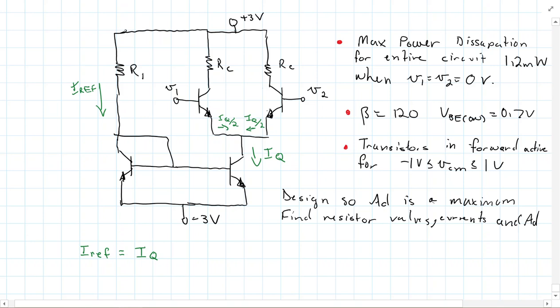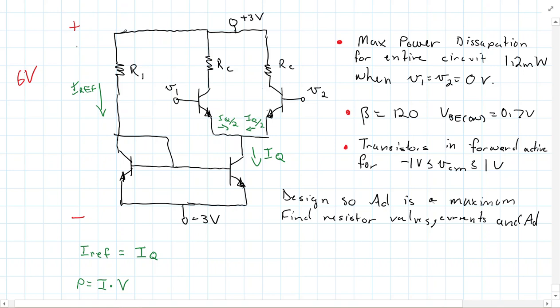Now, if I think about this, just think about power as current times voltage. Don't think of all the other components we have here. We have plus minus 6 volts across the entire circuit because we have positive 3 volts and negative 3 volts. I now know what the power dissipation across each one of these has to be because I know that IREF is equal to IQ.